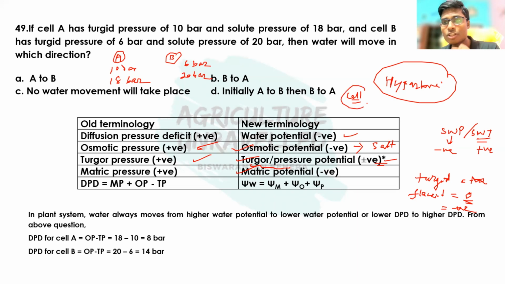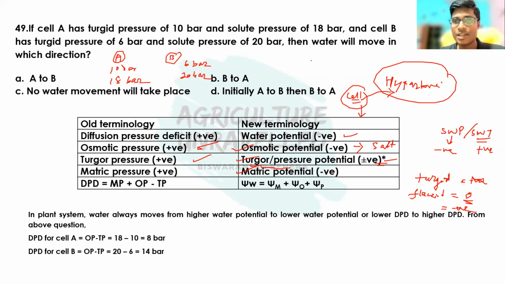Inside the cell, the solute concentration is lower, which means the osmotic force is lower. As a result, water will move from the cell towards the hypertonic solution. After some time, the water content of the cell will be reduced and the cell is said to be plasmolyzed. So this is plasmolysis.